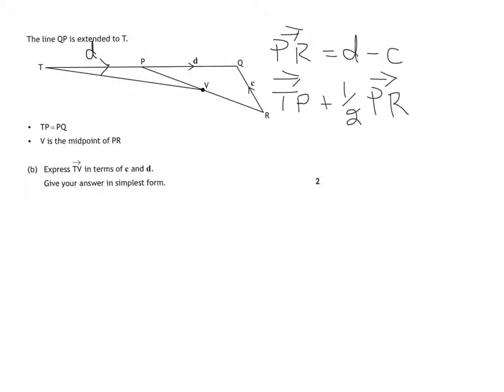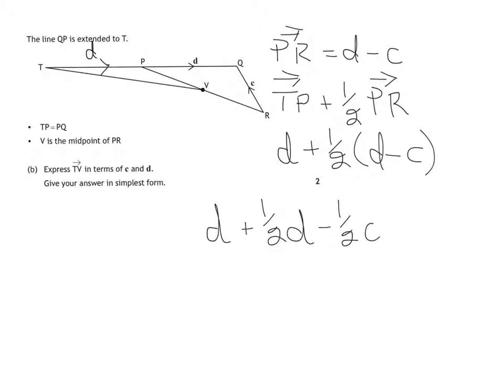Okay, so what we've got is we are going along T to P, and then we're going halfway along P to R. So we're going to replace these with D's and C's. TP is equal to D, and a half P to R is equal to a half D minus C. We're told we want to do it in our simplest form, so we're going to multiply that out and gather our like terms.